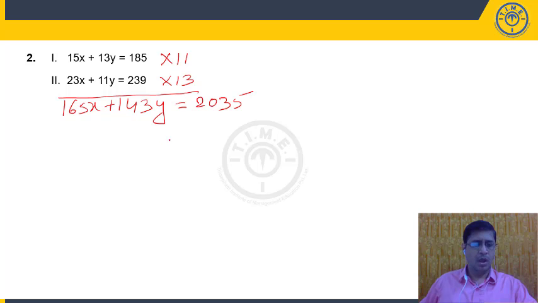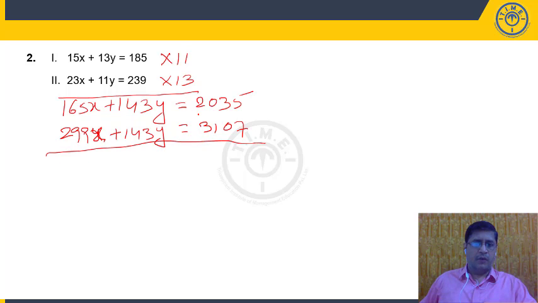What about the second one? 23 into 13, 260 plus 39, is 299. So 299x + 143y = 3107. Now when you subtract the first equation from the second, 143y gets cancelled, and the difference of these two numbers is 134. So 134x is equal to, what is the difference here?